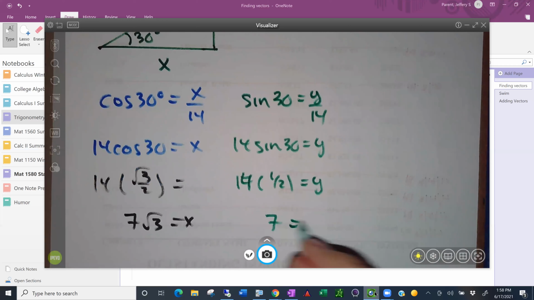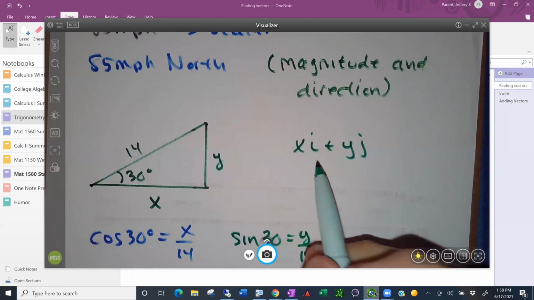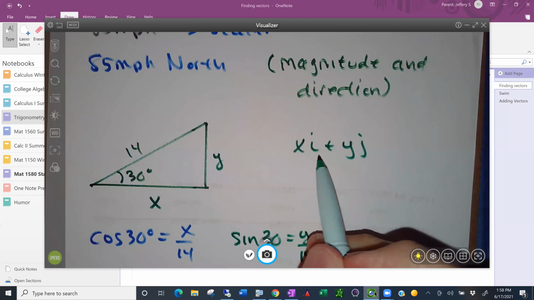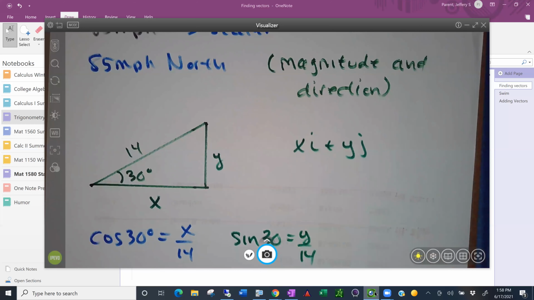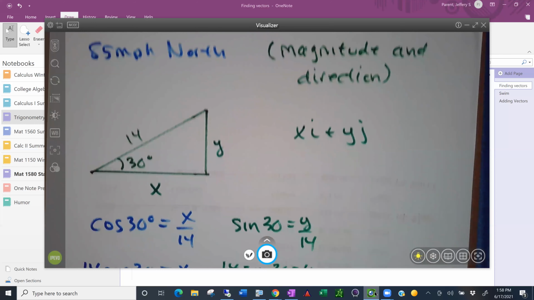Now here, this is no longer the imaginary number. What does I represent here? It represents a unit vector. Remember what those unit vectors are? And what unit vector is represented by I?